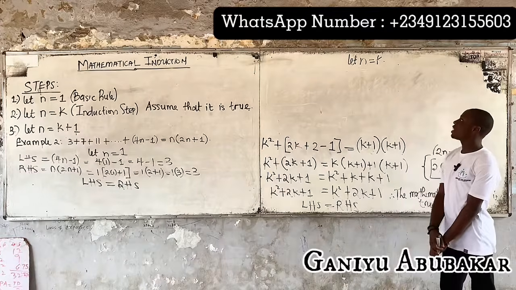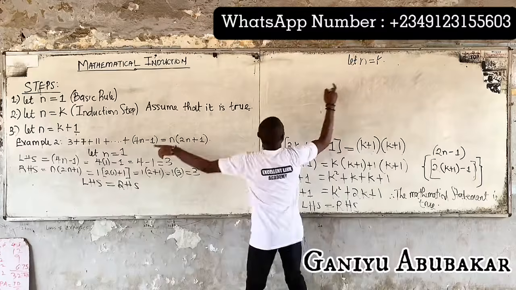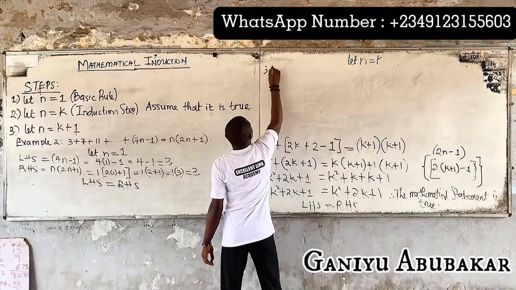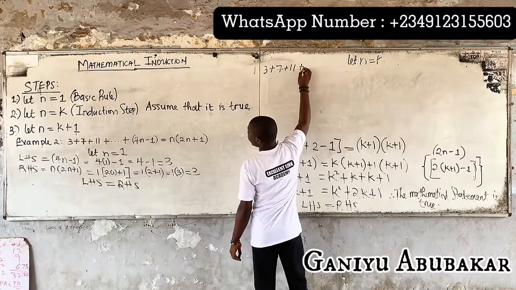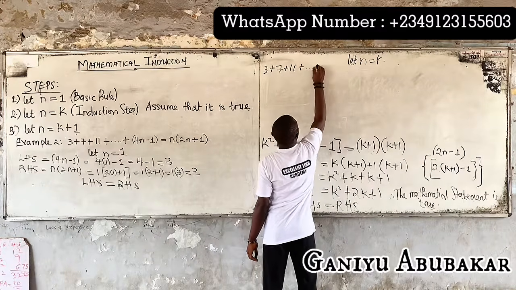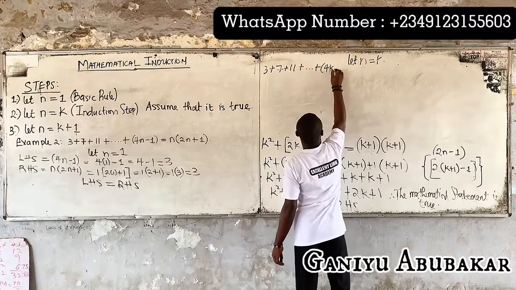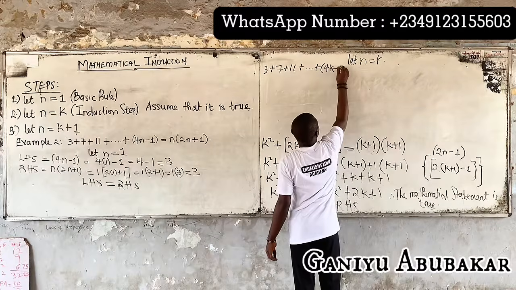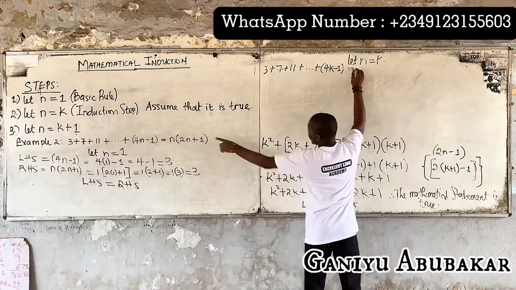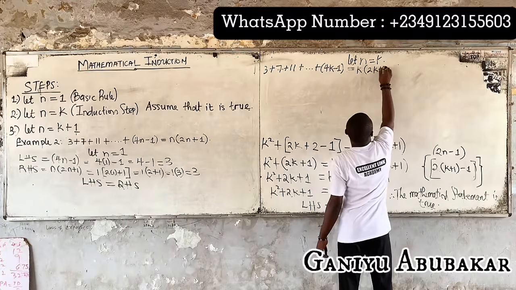We said let n be k. Go back to your question there. I have 3 plus 7 plus 11 plus up to 4k minus 1, which is equal to k into 2k plus 1.